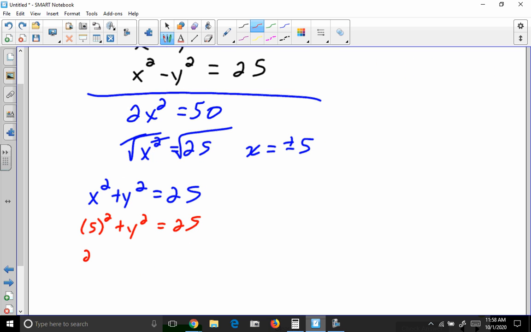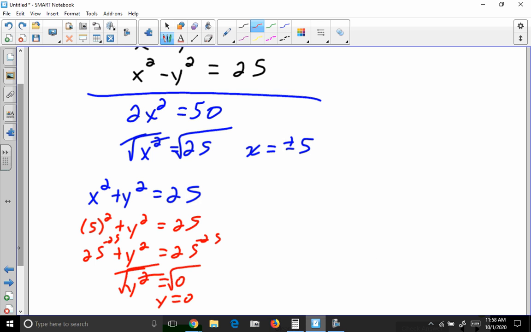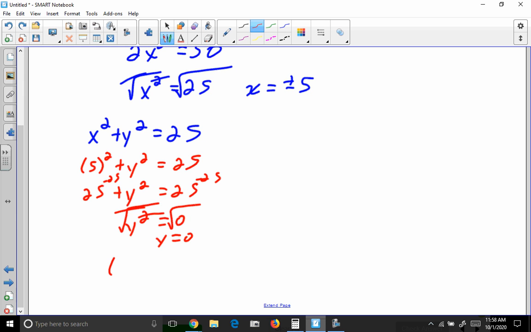So 5 to the second is 25. If we subtract 25 from both sides, we get that y squared is 0. And if we take the square root of both sides, notice we get 0 for y.